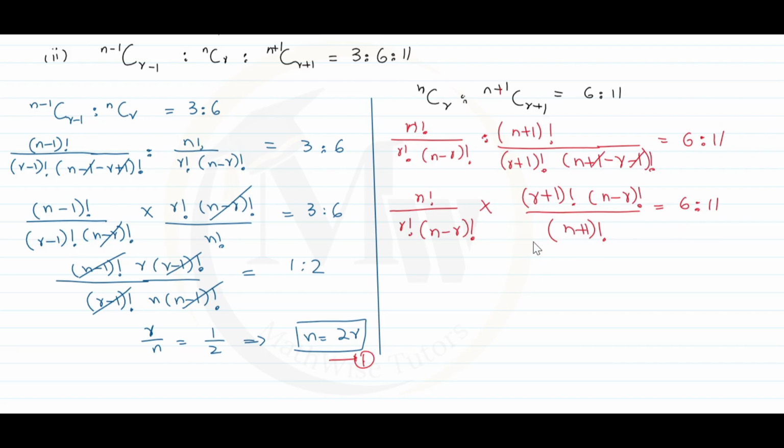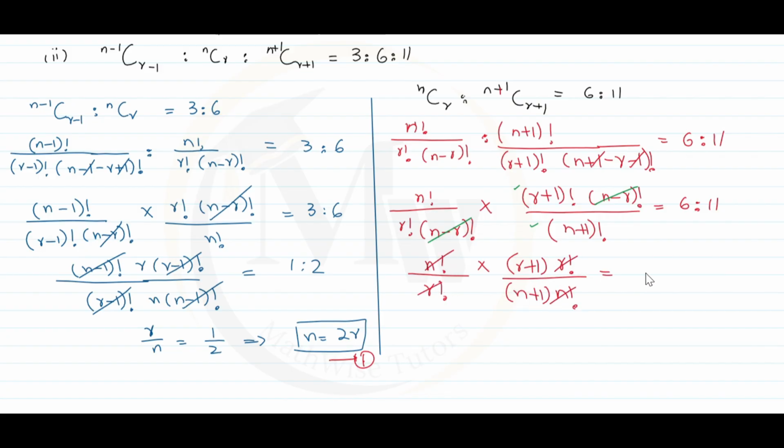Now we'll open the values which are bigger so we can expand and cancel the factorial terms. n factorial can be cancelled out if we expand (n+1) factorial. Same, we expand (r+1) so that it will have the r factorial, and (n-r) factorial will be cancelled out. n factorial over r factorial times (r+1) times r factorial over (n+1) times n factorial.